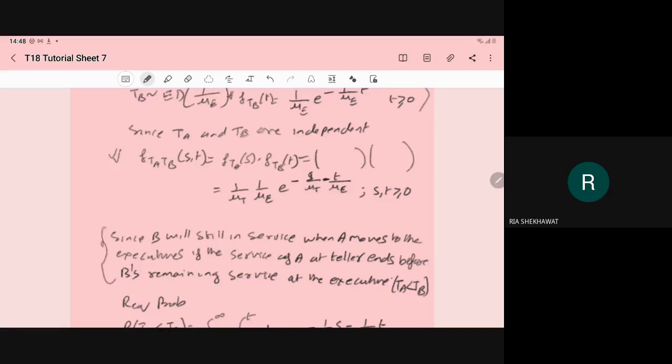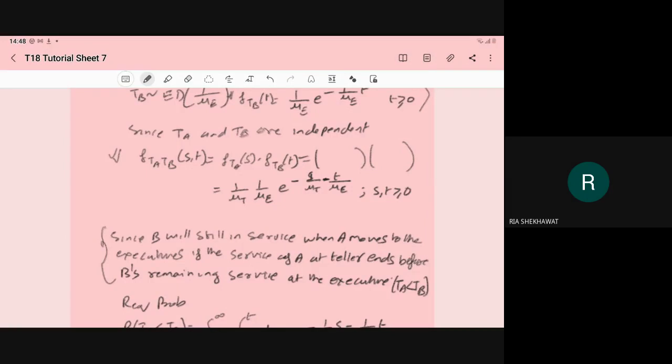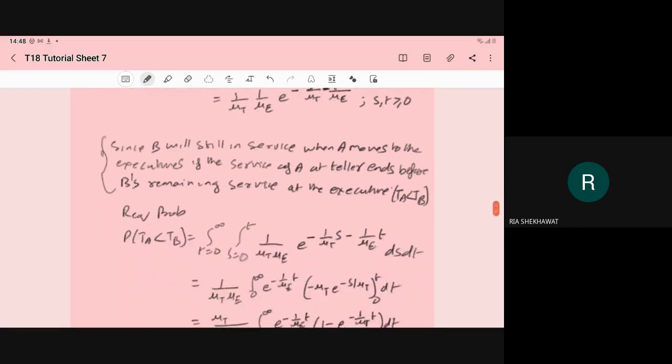Now, according to the given information, B is still in service when A moves to the executive. This is possible only if the service of A at the teller ends before B's remaining service at the executive, or you can say TA must be less than TB. Only then will customer A reach the executive while customer B is still in service.